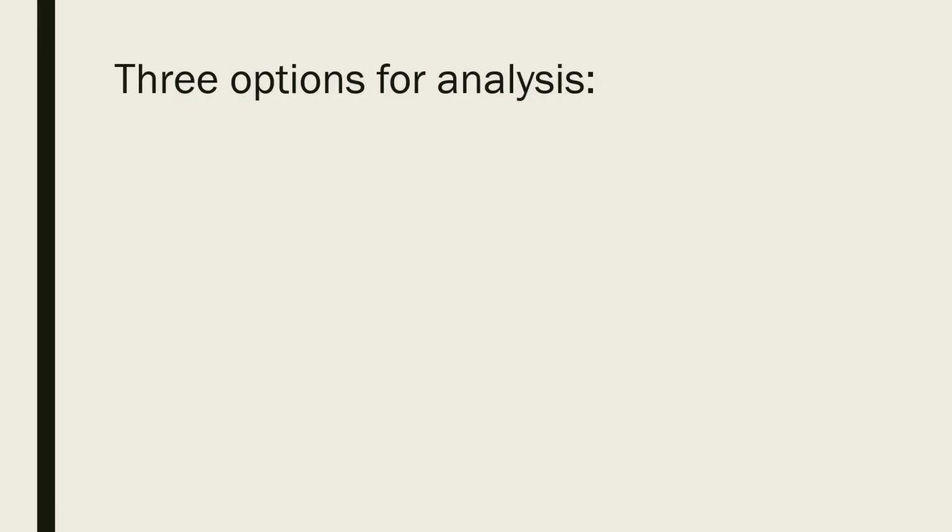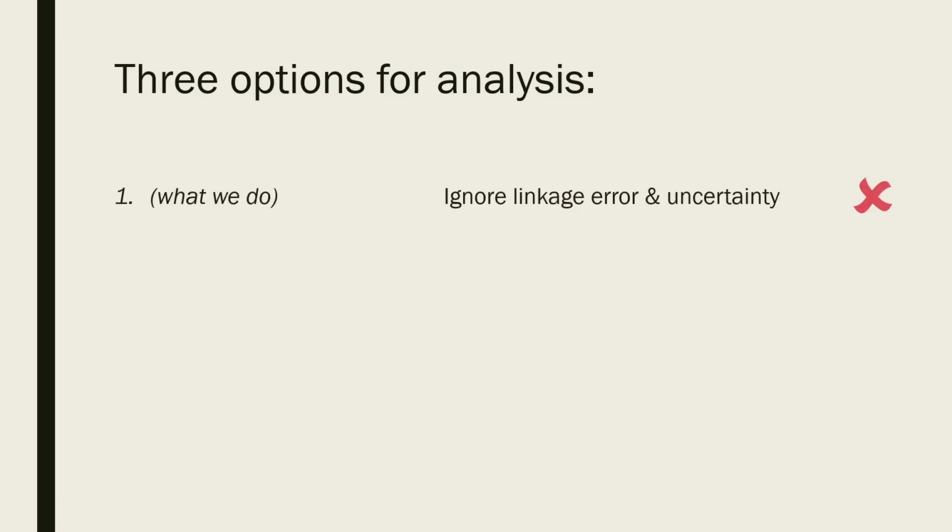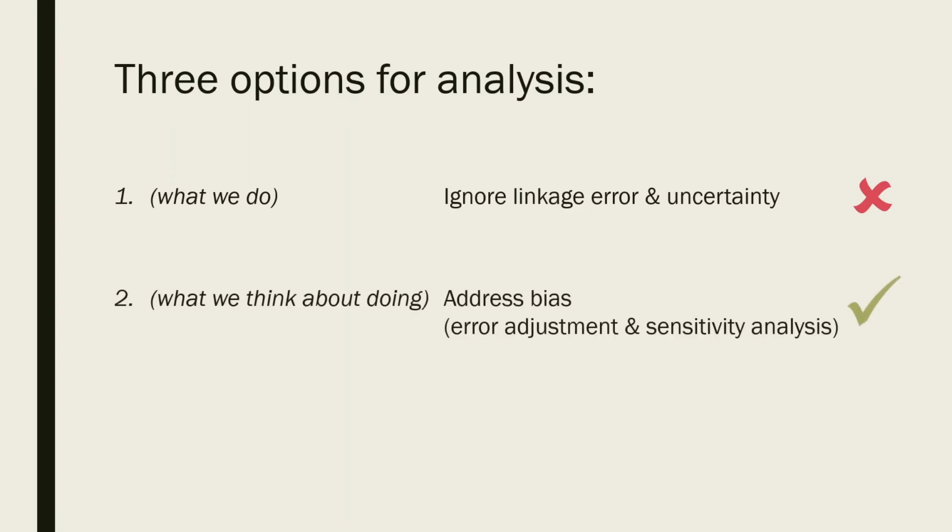Basically, it comes down to there being sort of three options for how you go about analysis of linked data. There's what we currently do, usually, which is ignore linkage error and uncertainty. There's what a lot of us think about doing, but is rarely done, which is to estimate the error rates and adjust for them analytically, using either quantitative bias analysis or sensitivity analysis.